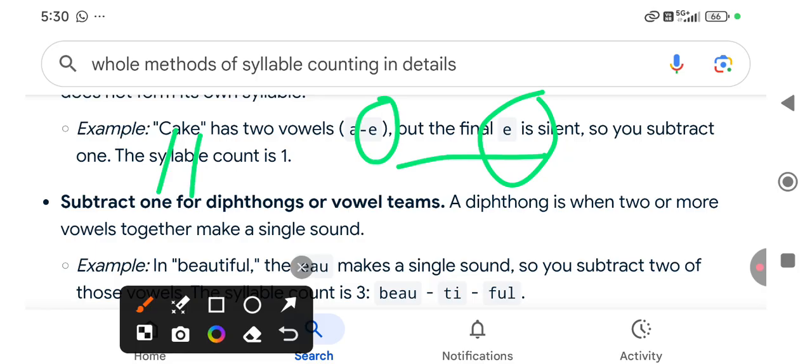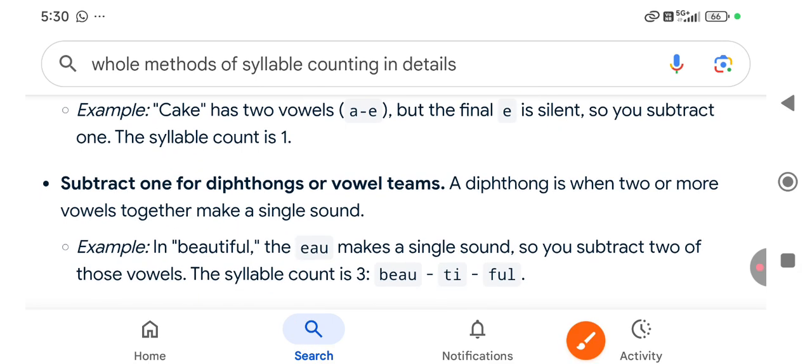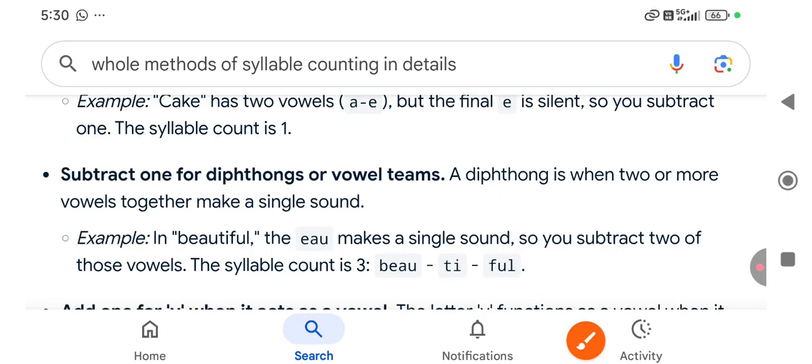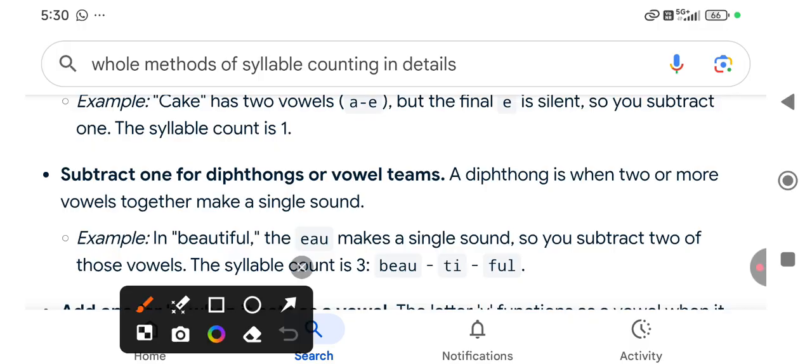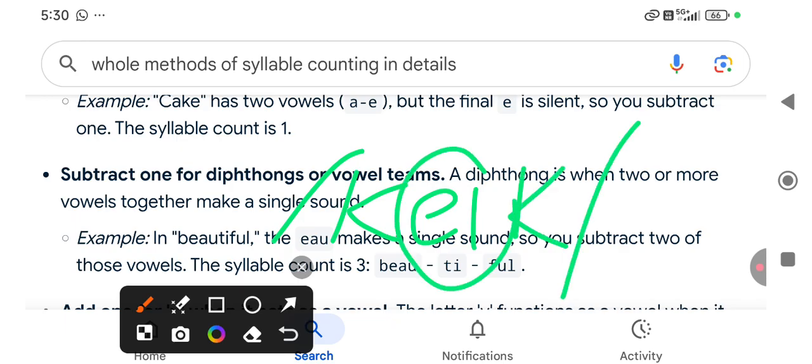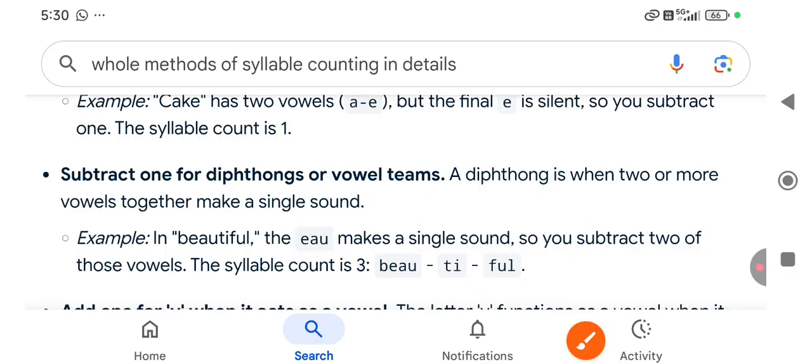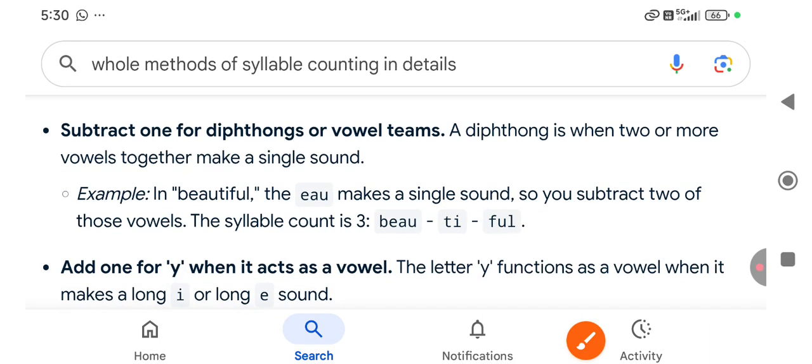So you subtract one, and the syllable count is one. In cake, it is a single sound and it will be counted as one. It's not cak-e, it's cake. E is silent, so that e should be subtracted.